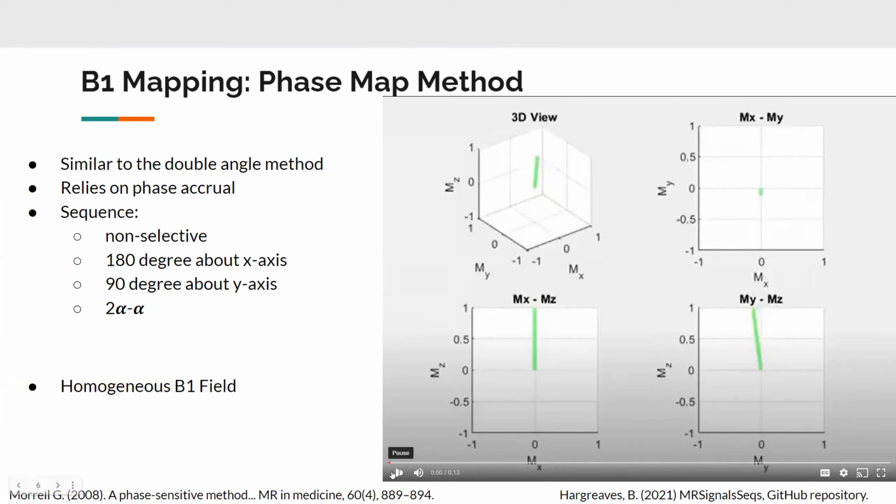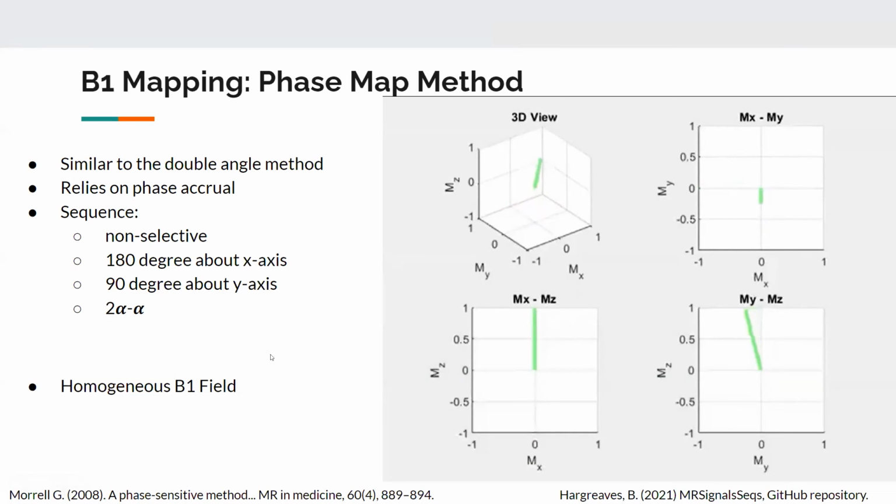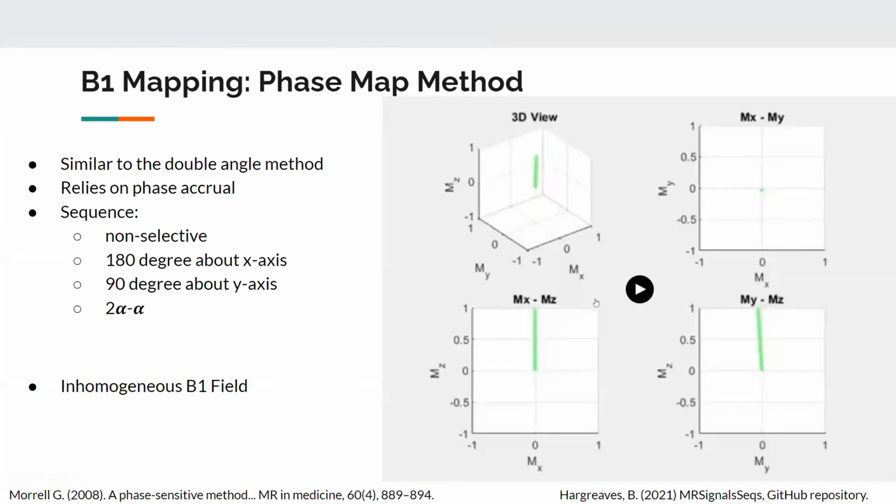We'll first play out that 180-degree pulse, and then after that, a 90-degree pulse. And what you'll see is at the end, you have zero magnetization in the y or z direction, and everything's in the x direction. This only occurs for a perfect homogeneous field, if the spins actually see the 180 and 90. If there's any type of inhomogeneity, you might get a slightly different flip, like a 175 or 95-degree flip.